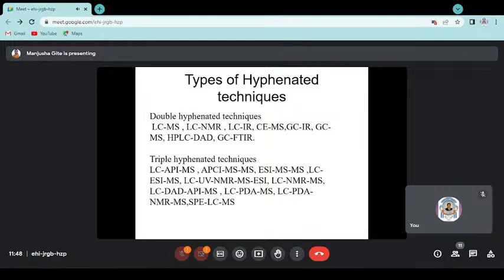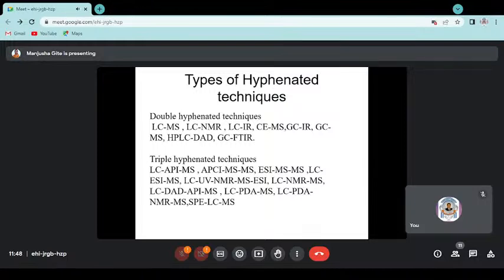Then also there is a merging of techniques like MS and ESI. ESI is a part of the mass spectroscopic system. It is an ionization source used in mass spectrometry. APCI is also a part of mass spectroscopy. LC-NMR-MS, LC-DAD-API-MS, LC-PDA-MS, okay, LC-PDA-NMR.